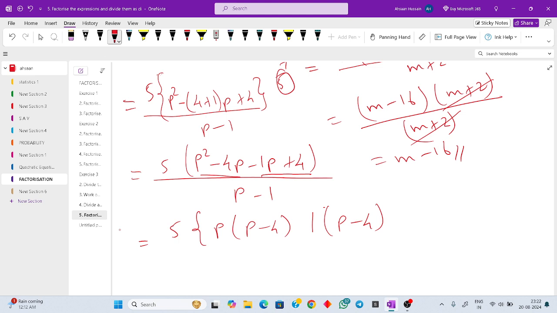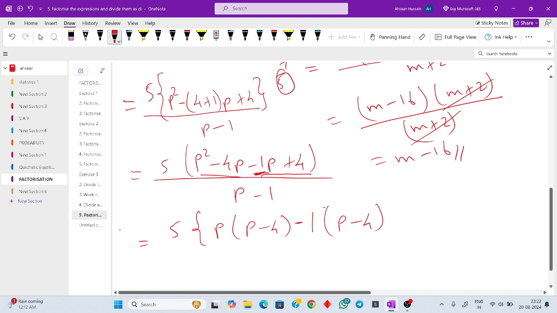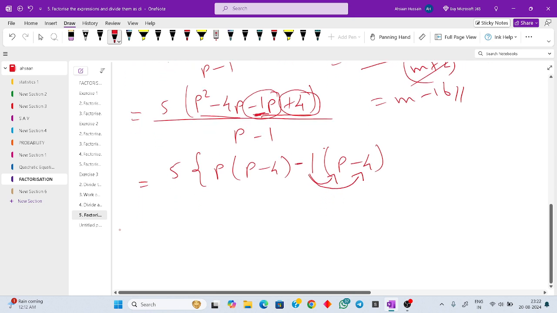If we put plus, it will become positive 1p, but here it is negative 1p, right? So we'll put a negative sign here, so that negative 1 multiplied by p will make negative 1p, and negative 1 multiplied by negative 4 will make positive 4, divided by p minus 1.